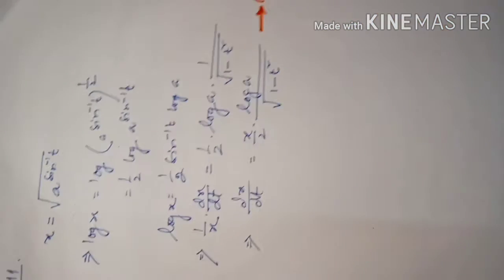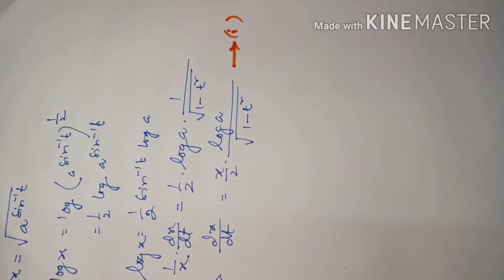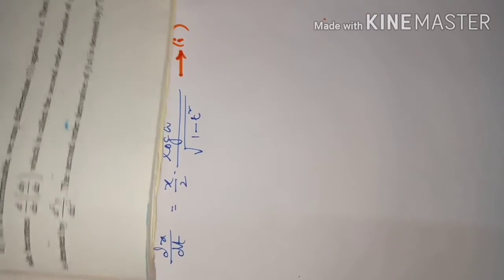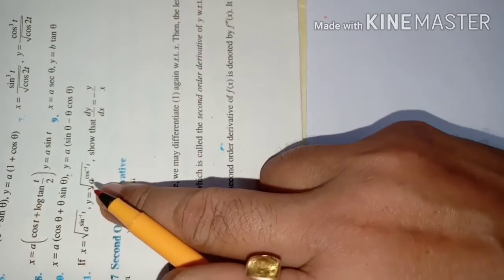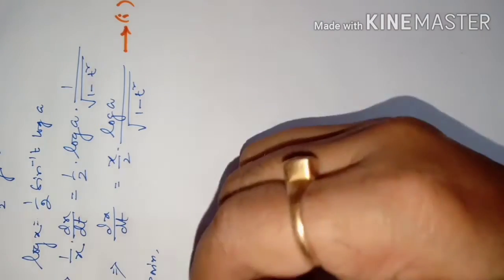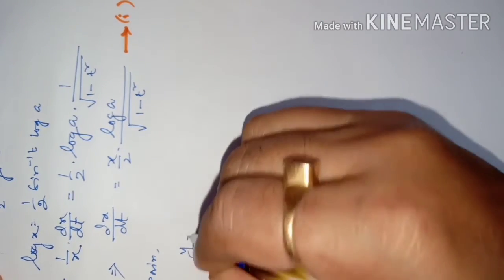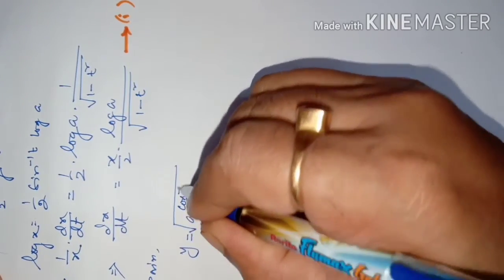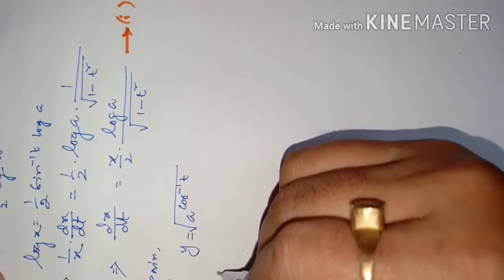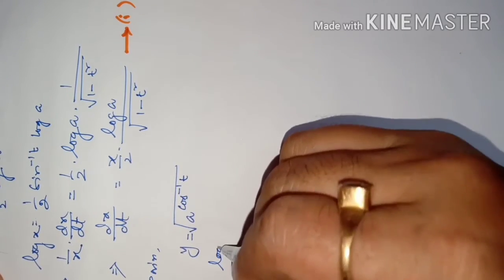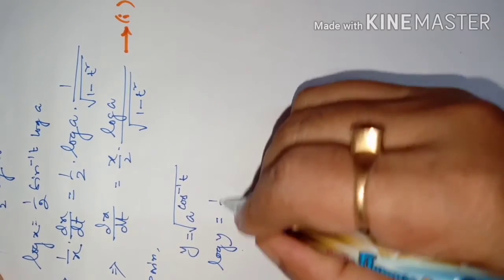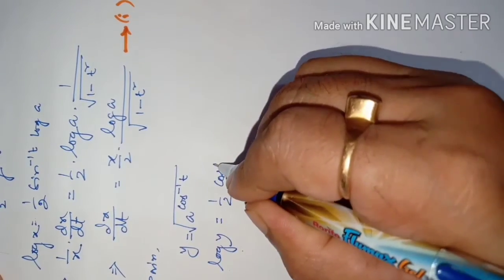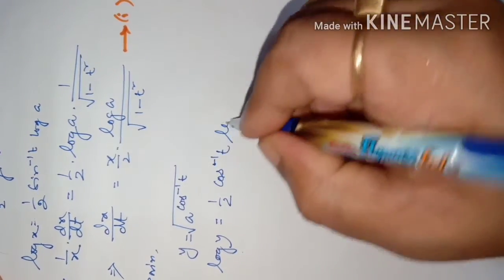Okay, now let's find out dy by dt also the same way. See, y is given as under root a raised to cos inverse t. So if we differentiate this one with respect to t, y equals under root a raised to the power of cos inverse t. Then log y will be equal to 1 by 2 cos inverse t log a.